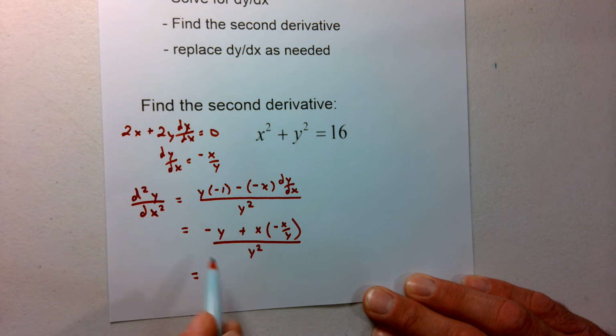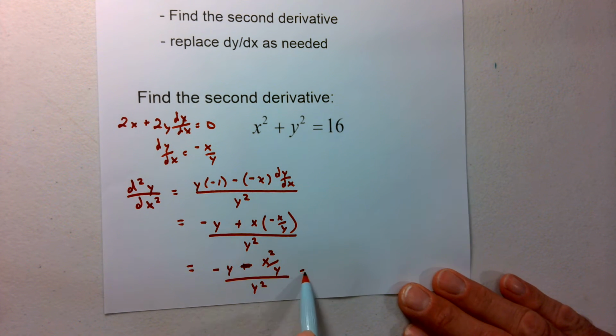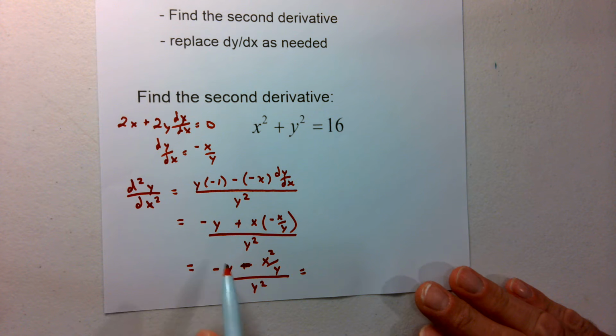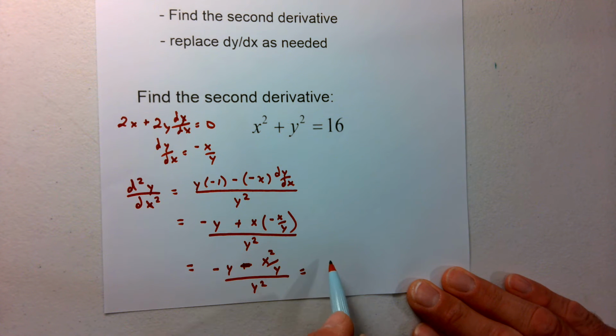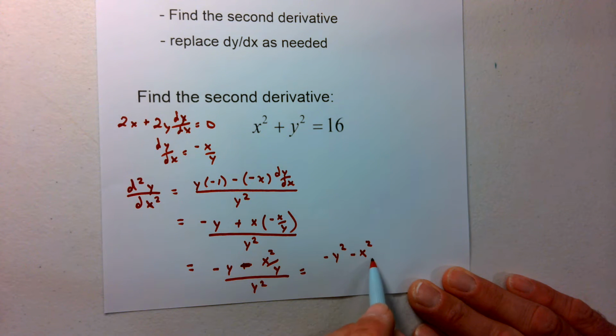We can go ahead and clean this up. So we get negative y plus, actually it's going to be a minus sign, isn't it? x times a negative. So we get x squared over y squared. We can go ahead and find a common denominator for the numerator. We're not going to leave it as a fraction within a fraction, are we? You thought so. So x squared over y squared.